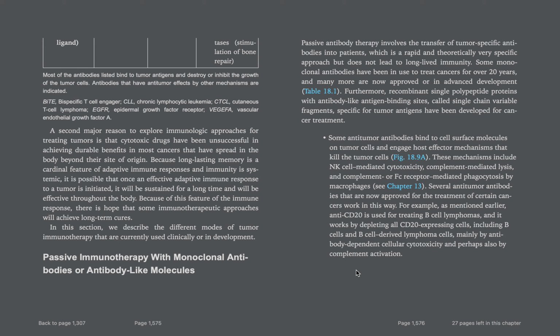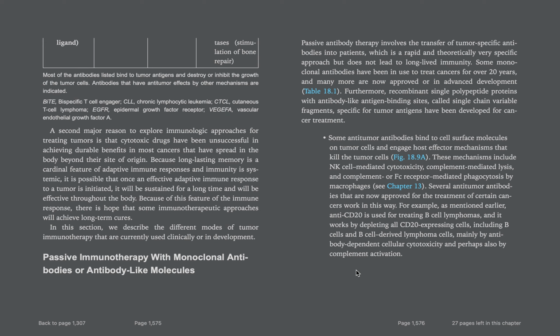It is possible that once an effective adaptive immune response to tumor is initiated, it will be sustained for a long time and it will be effective throughout the body. Because of this feature of the immune response, there is a hope that some immunotherapeutic approach will achieve long-term cure.